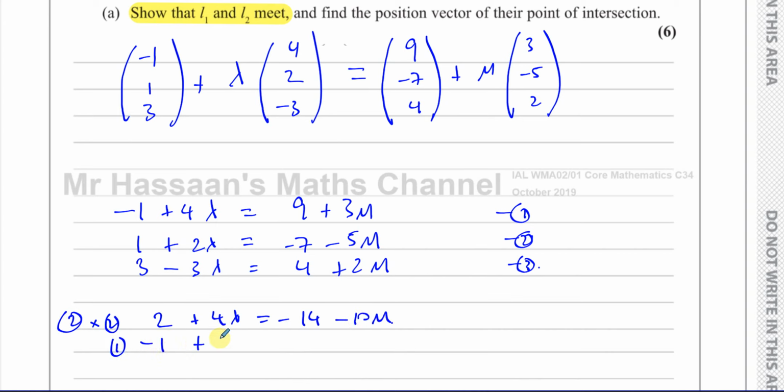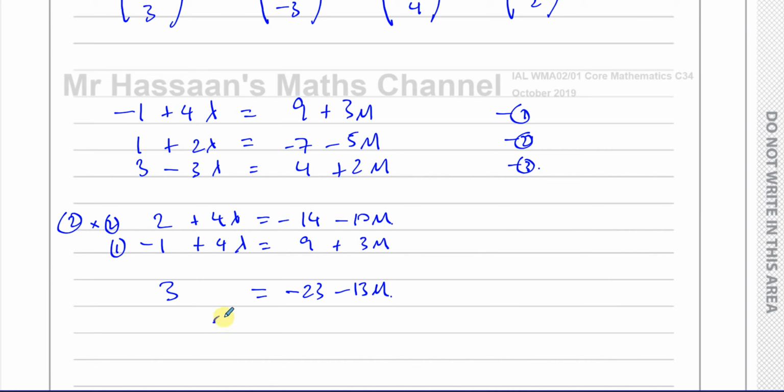Subtracting them, right? Okay. So that's going to give me 3 plus 23, that's 26, equals -13 mu. Therefore, mu is going to be -2. If mu is -2, we can find what lambda is.